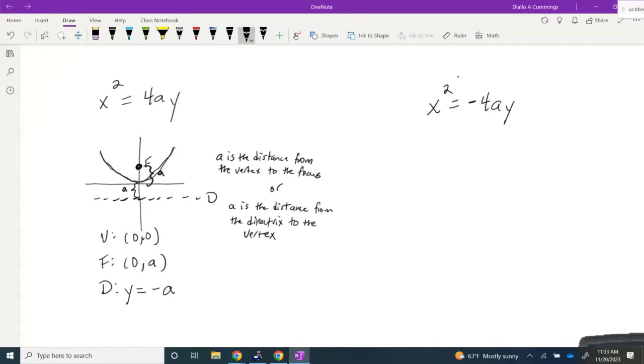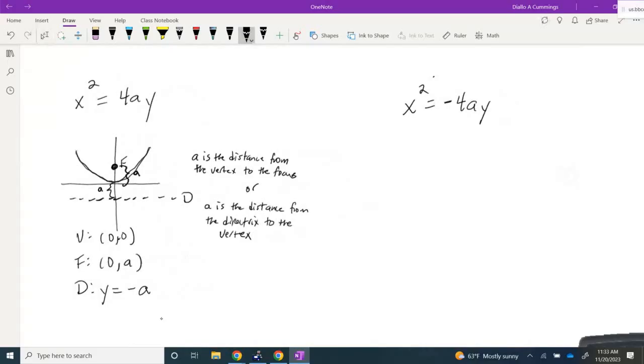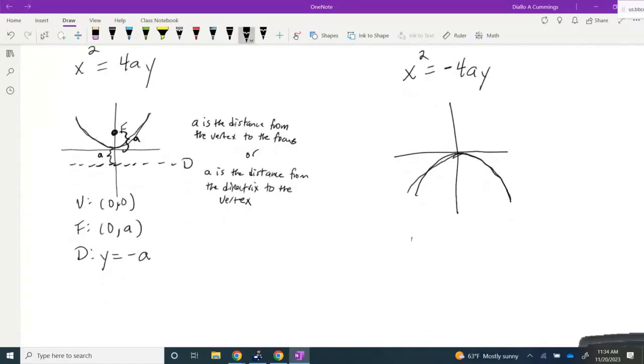So if this is your model form, your graph is going to look like this, an upside down U. The vertex is (0, 0). The focus is going to be here, right? So what do you think the coordinates for the focus would be? Well, the coordinates for the focus here are going to be (0, -a).